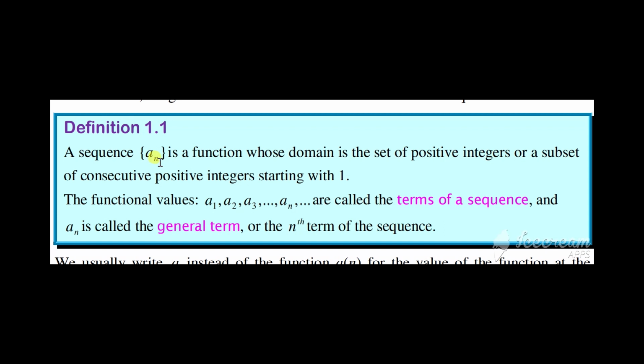First of all, when we say a of n is a sequence, it must be a function. Also, this domain must be the positive integers or natural numbers, or a subset of natural numbers starting with 1. If a_n is a function but the domain does not start from 1, that pattern cannot be a sequence.